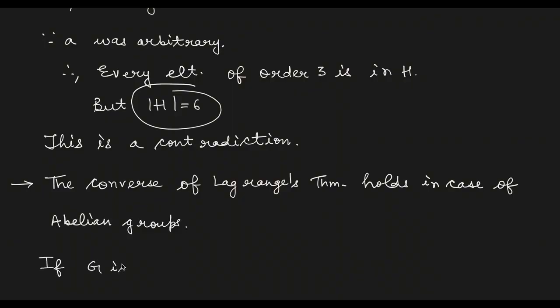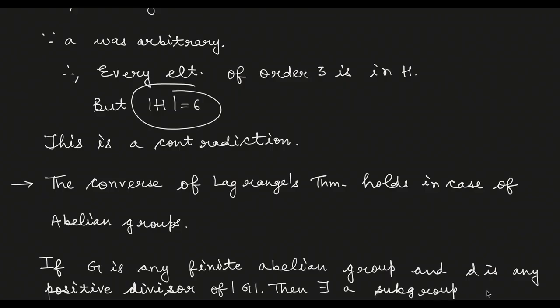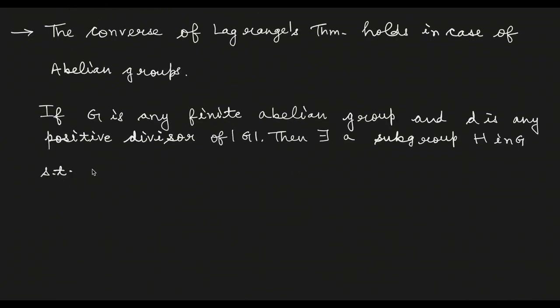Means if G is any finite abelian group, and D is any positive divisor of the order of G, then there exists a subgroup H in G such that the order of H is equal to D.